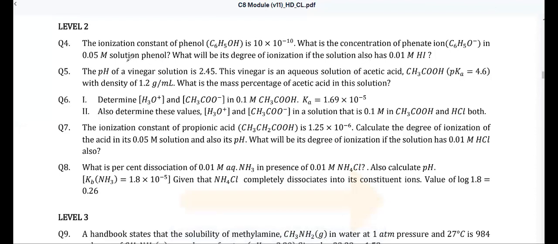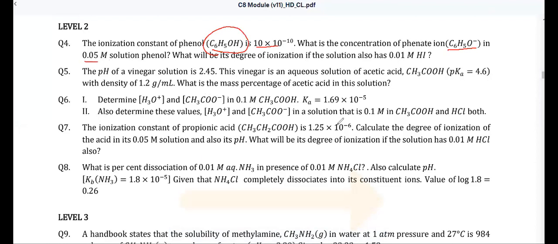So the ionization concept of phenol: phenol can be treated as a weak acid, and it will release this H plus. The ionization constant K is given. What is the concentration of phenolate ion in a 0.05 molar solution of phenol?